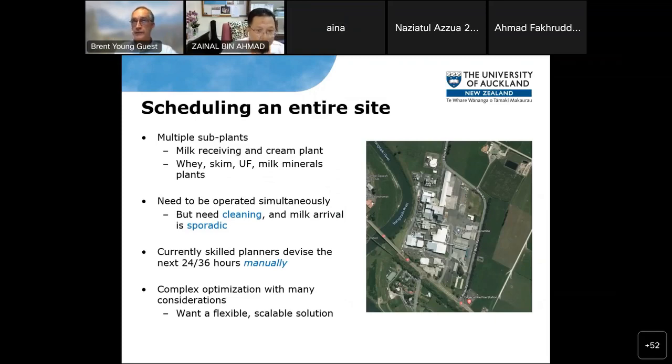So they received milk from local farms, and they also received cream, and then they process it to produce whey, skim milk, ultra filtered milk, and also extract milk minerals. This is quite a complex operation. It's mainly tanks and switching.